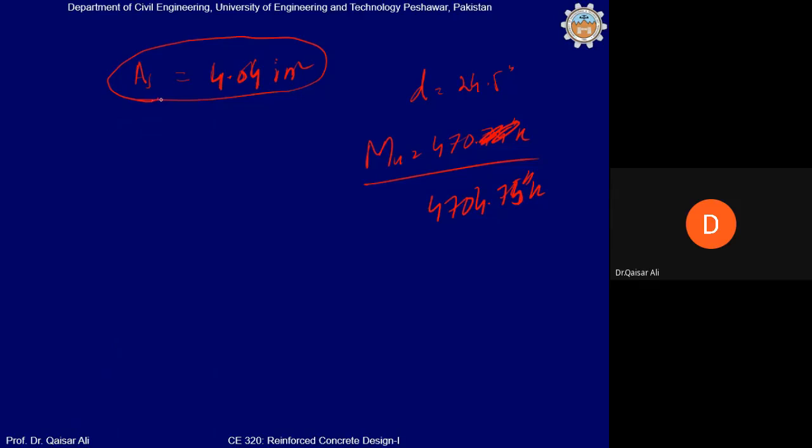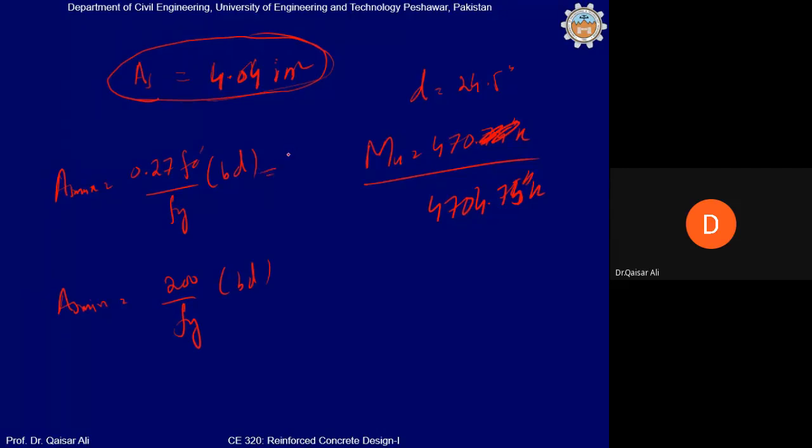Compare this with the maximum and minimum reinforcement. Yes, max is equal to 0.27 fc prime divided by fy into bd, and minimum is 200 divided by fy into bd.